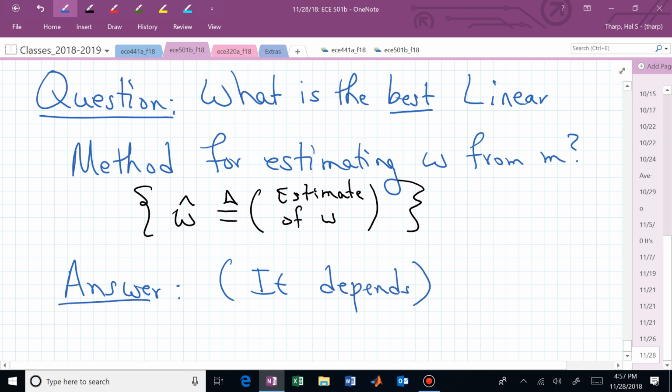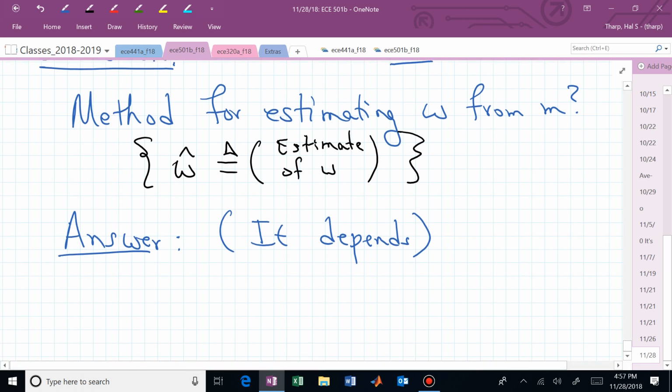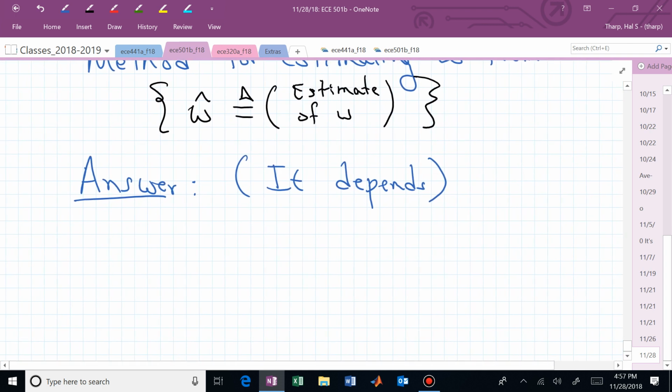We've been pretty vague in how we set this up, so let's just say the answer is, it depends. It depends on the dimensions of M and W, and it depends on the rank, or the number of linearly independent rows or columns we have in that linear map T. So let's look at some of the cases for answers.